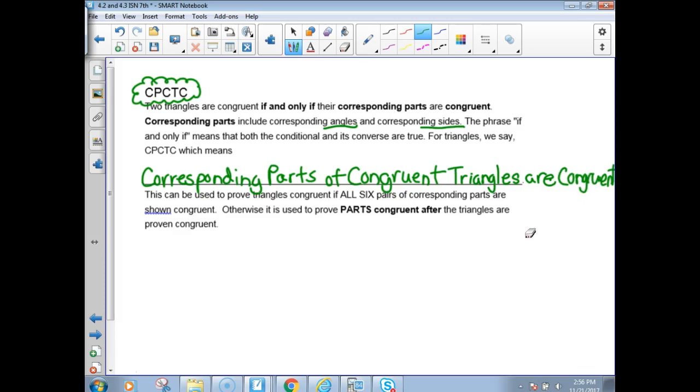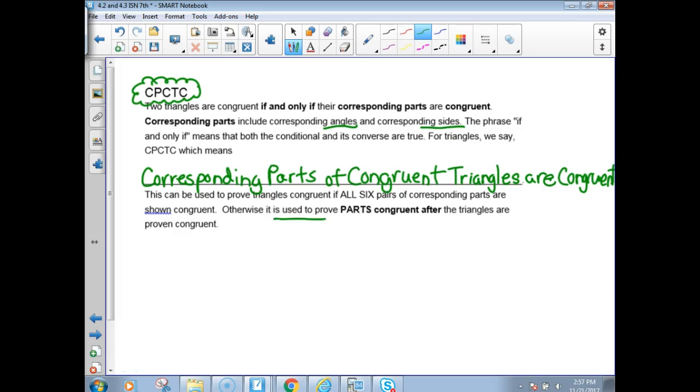Oh my gosh, I wrote kind of big and squeezed it all the way over to the side. This can be used to prove triangles are congruent when all 6 pairs of corresponding parts are shown congruent. We're not going to do proofs like that. That is what I've taken out of this thing. We will be using it.